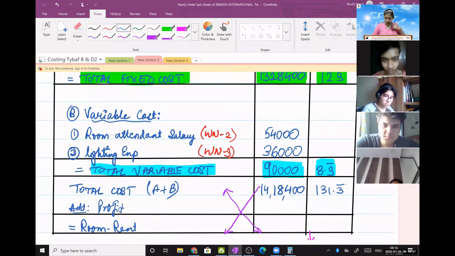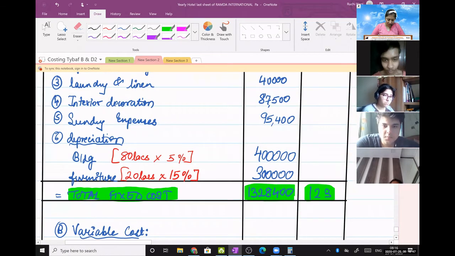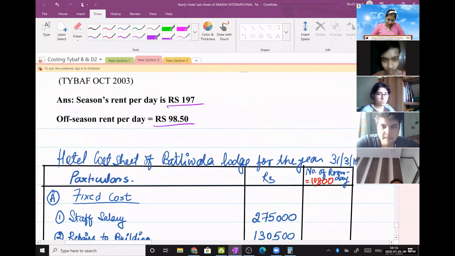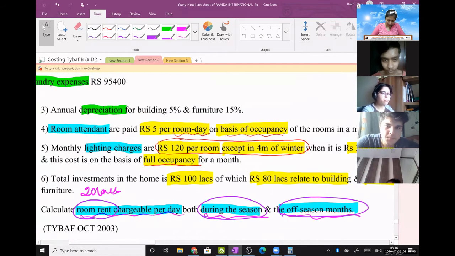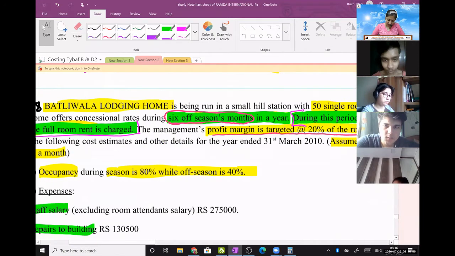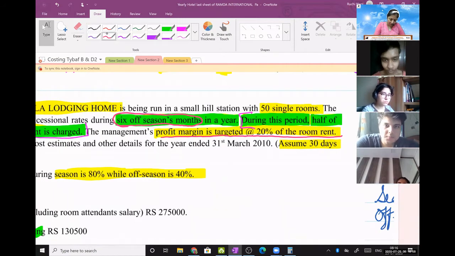Next, profit. Profit and revenue, I mean room rent, is not given, but we can find it because they have given the percentage with respect to it. Yeah, here it is.